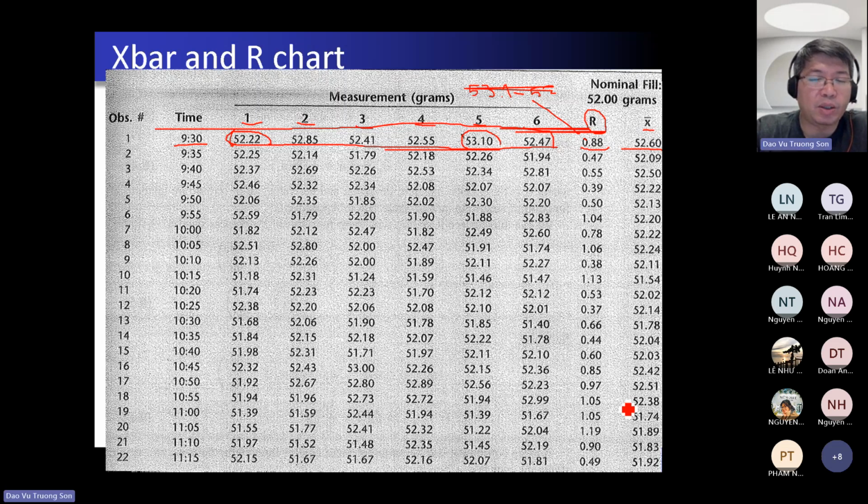So please try to work along. In your final, it will be something like this, close to this. We have many observations like this, so it will take a lot of time. Better be prepared. If you want to use Excel to speed up the process, this is okay. If you want to calculate manually, it's fine too.